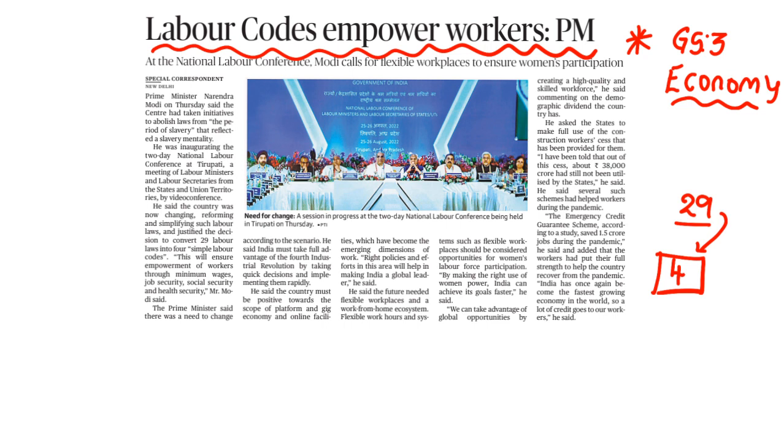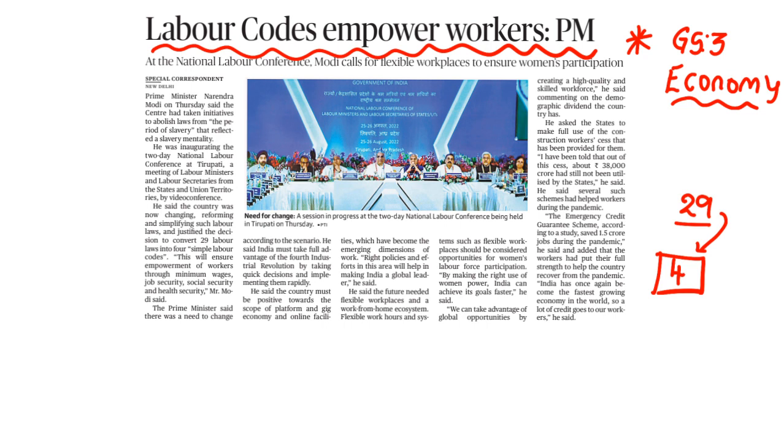Everything would be covered in this simple labor code. So Prime Minister ji is saying, if you get simplified labor codes, then it is very easy for the empowerment of workers, and it is very easy for workers to achieve minimum wages, job security, social security and health security.